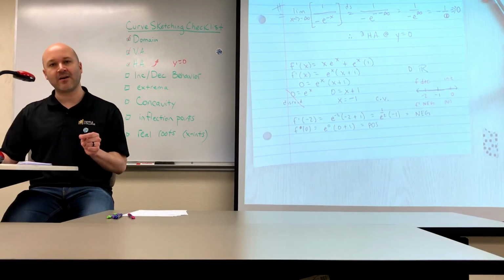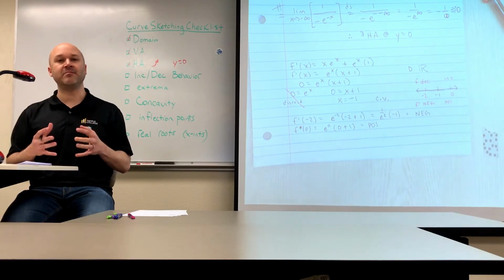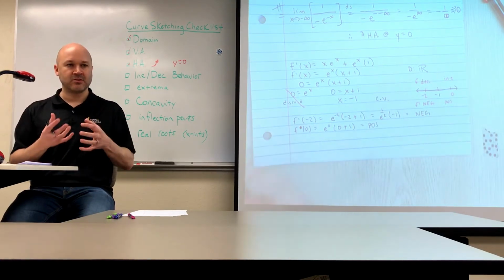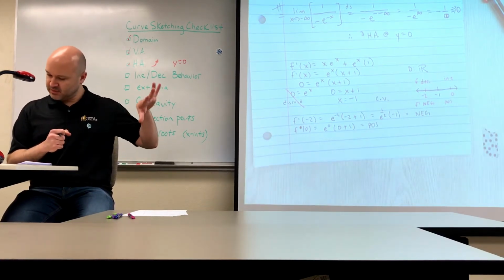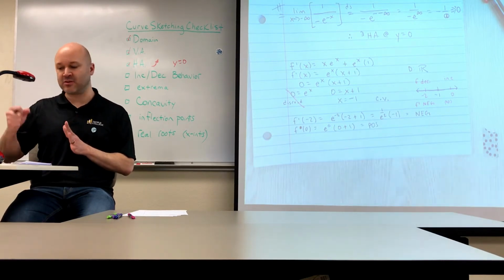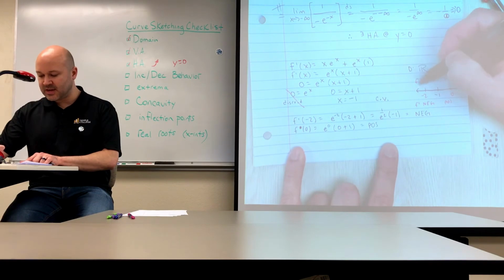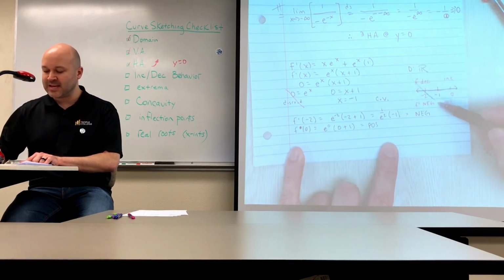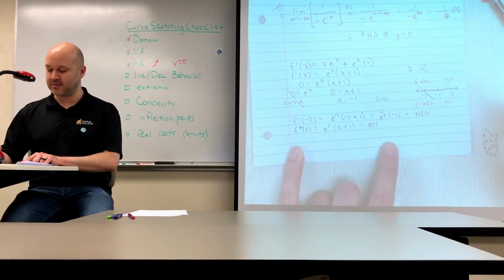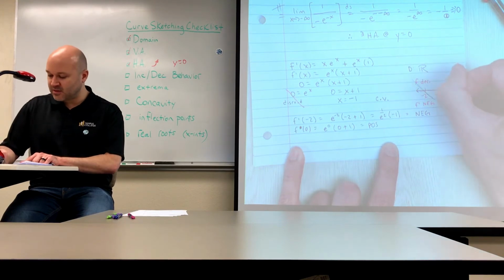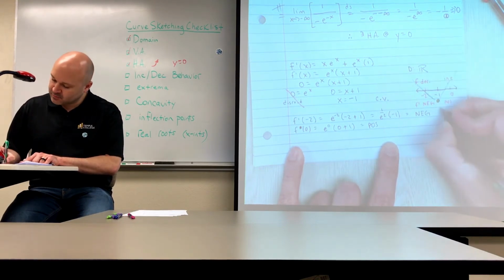So I do have an extrema, a point where decreasing behavior changes to increasing behavior. So I was decreasing to negative 1, and then I was increasing from here on out. So I do have this local minimum.